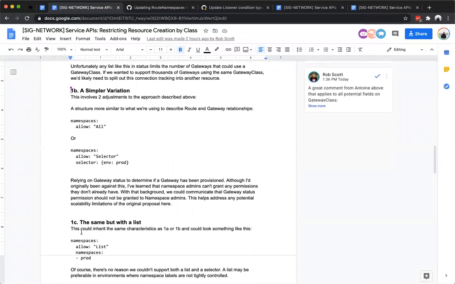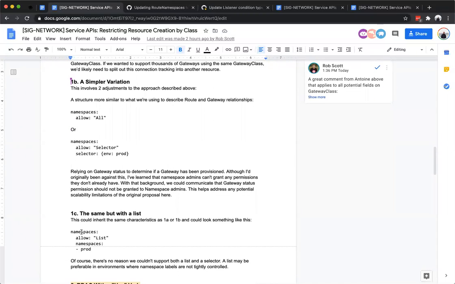And the last one, because there's been a whole lot of conversation in the community about namespace labels and namespace selectors and how we want to move forward. This is the exact same thing as above, but we could use a list instead. The problem with a list is obviously it's more difficult to select a large number of namespaces.